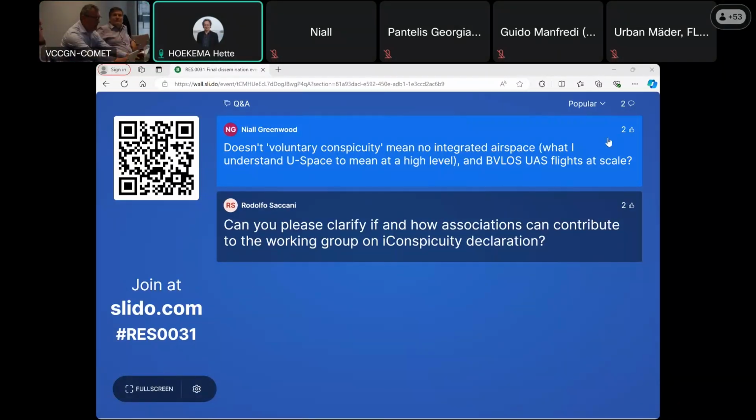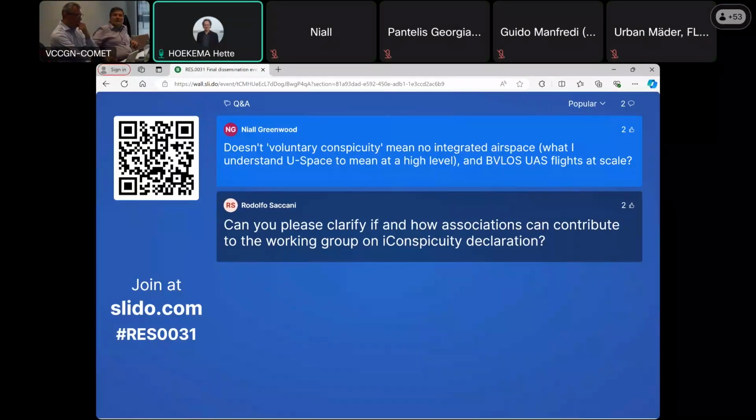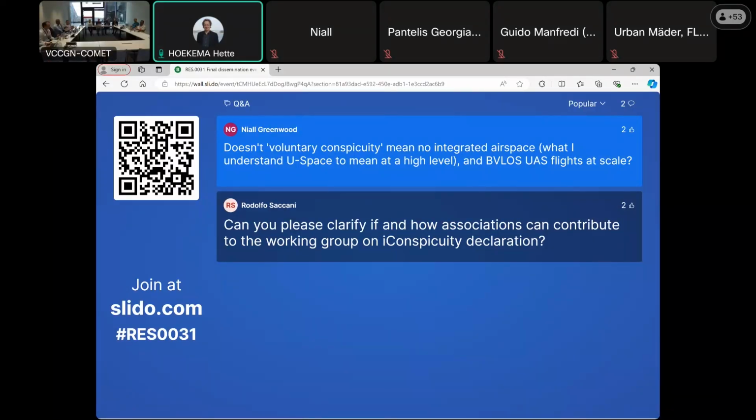Vlado, if I may, I read the question a little bit differently. There is no voluntary conspicuity in U-space. There is a requirement for any manned aircraft operating in U-space to be conspicuous.